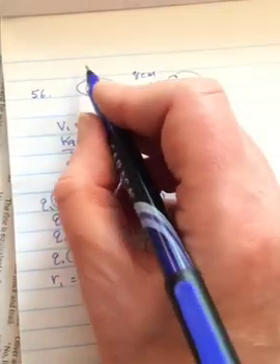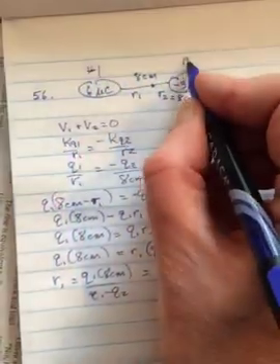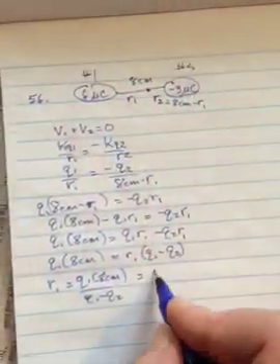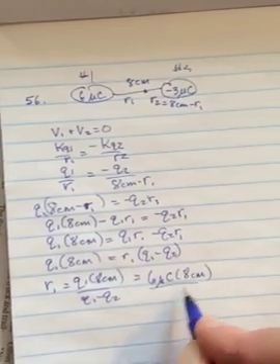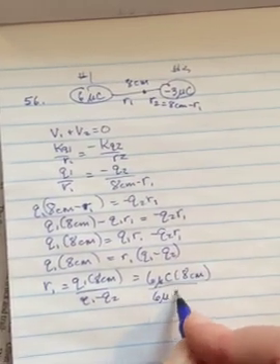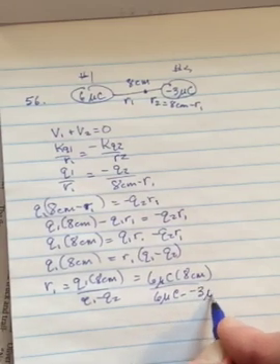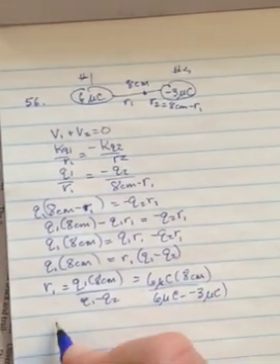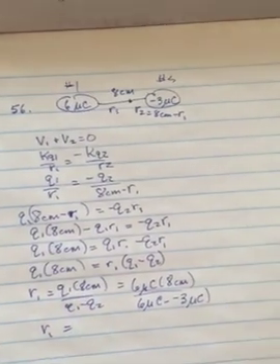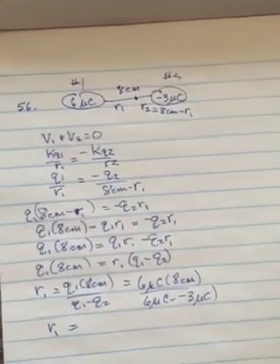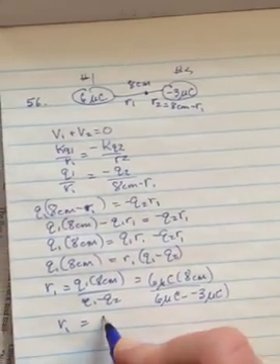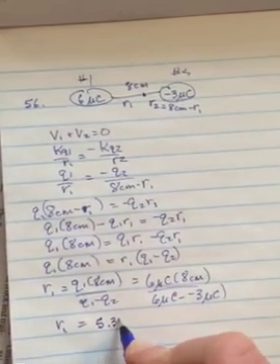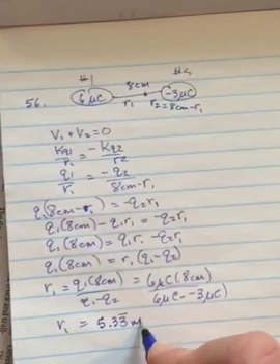So Q1, I'm calling this one number 1, this one number 2. So 6 microcoulombs times 8 centimeters divided by 6 microcoulombs minus a minus 3. On the top, 48. On the bottom, positive 9. 48 divided by positive 9 should be 3 repeating, in centimeters.